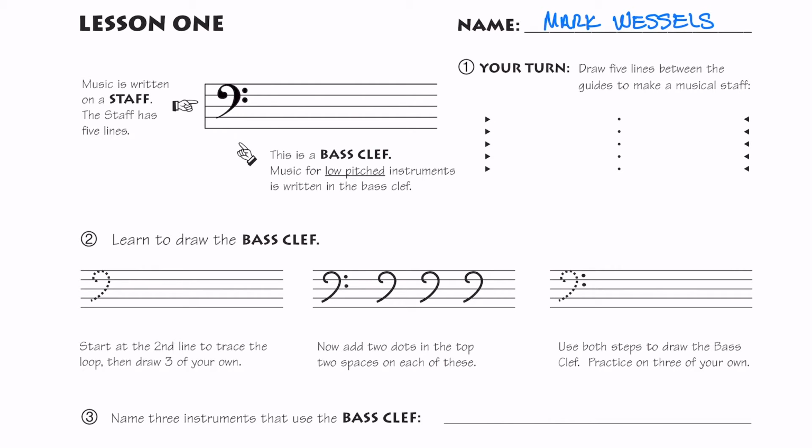What we're learning in this lesson is the very basics. We are learning that music is written on a staff. A staff has 5 lines. What we're also learning is that your instrument, because you're playing a low-pitched instrument, is pitched in a bass clef. Now, there are all kinds of clefs. We have a C clef for violas.